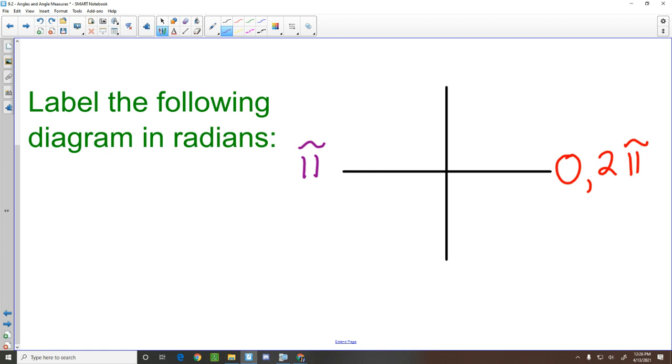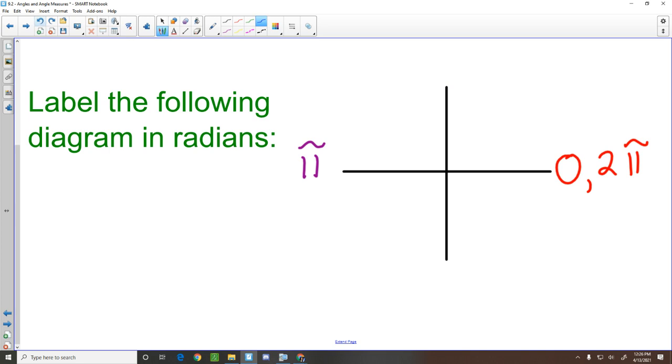All right, now what about up top at 90 degrees? What would this value be? Anyone have a hypothesis or an educated guess, perhaps? How much? 1.5? Or a half? Aiden, what do you think? Half pi. Why do you think it's half of a pi? Yeah.